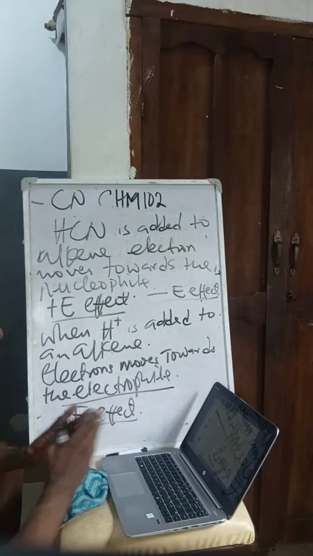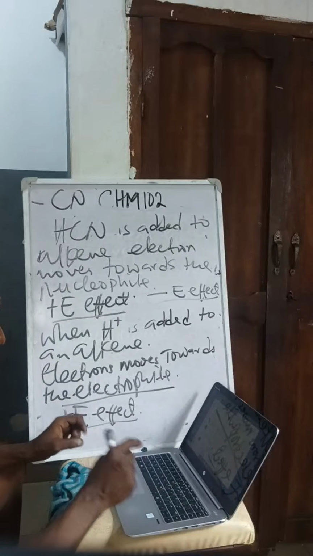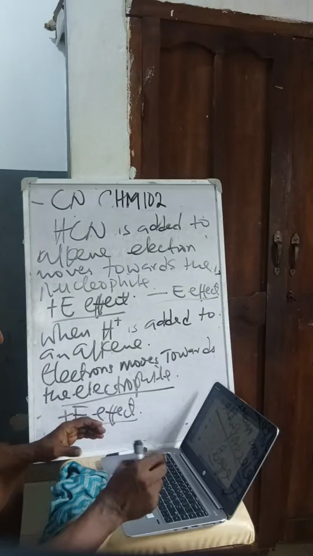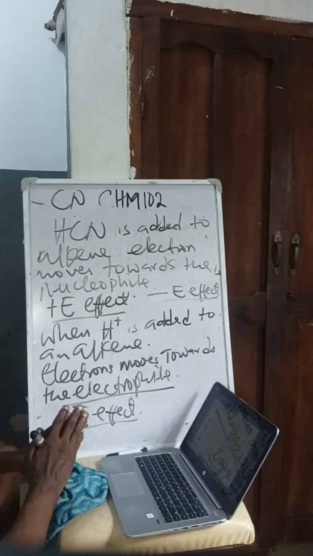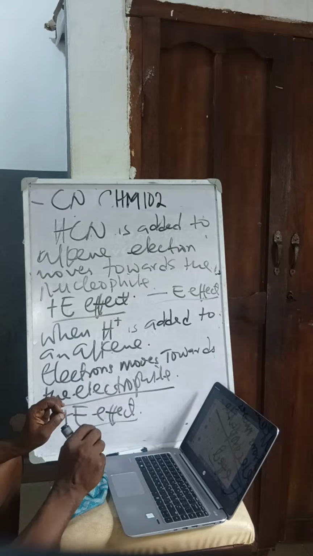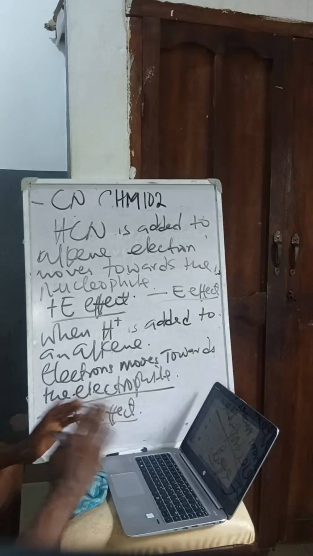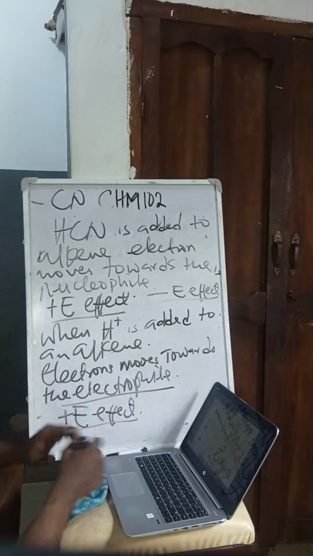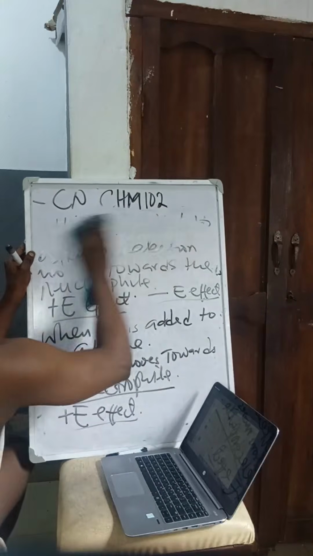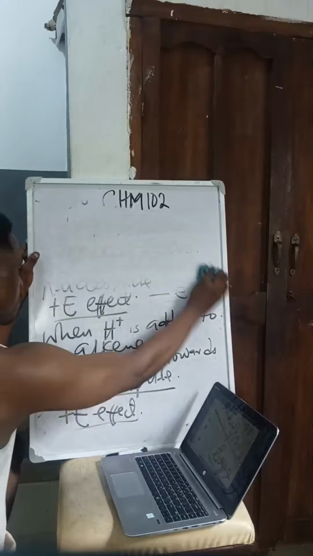Now, addition of hydrogen plus ion to an alkene involves which effect? How will you know? You look at hydrogen plus. Hydrogen plus lacks electrons, so it is an electrophile. Automatically, that is the positive electromeric effect.